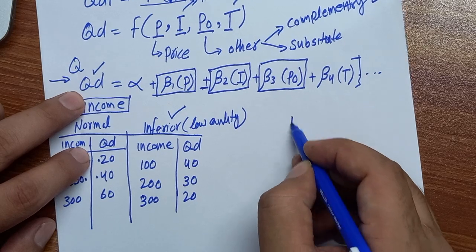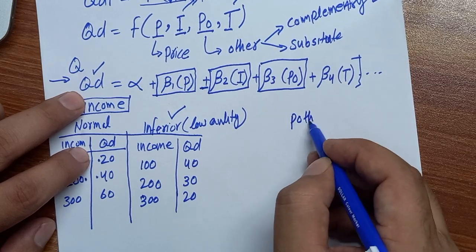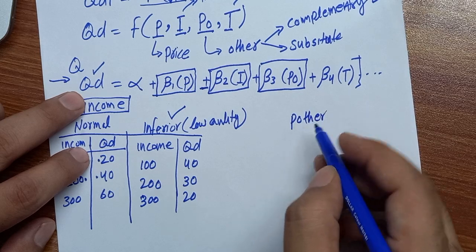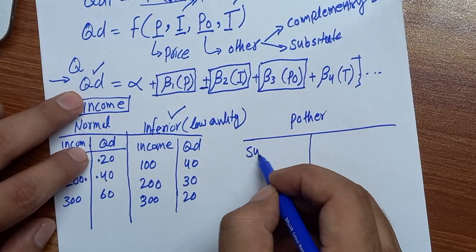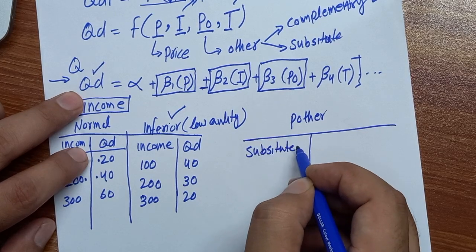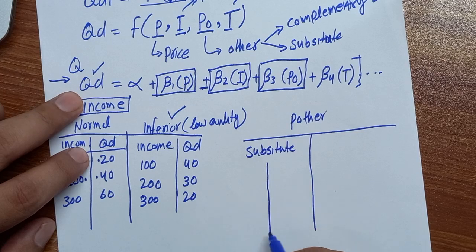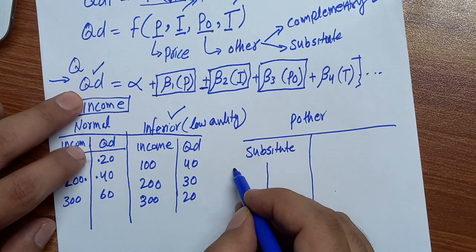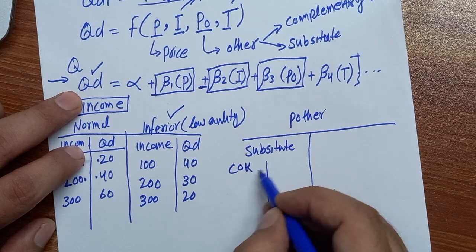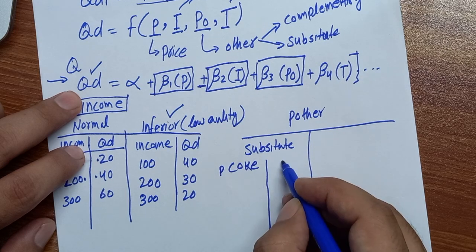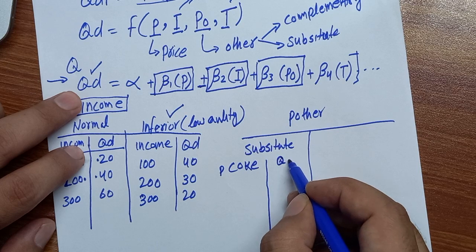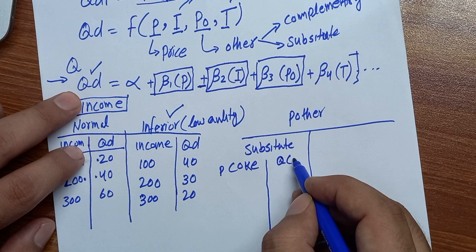So let's say the price of the other good, if it is a substitute, and a substitute, let's say Coke and Pepsi. This is Coke, the price of the Coke, and you are selling Pepsi, and your quantity of demand of Pepsi.